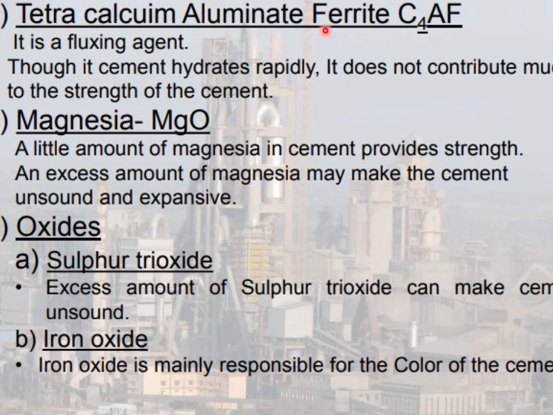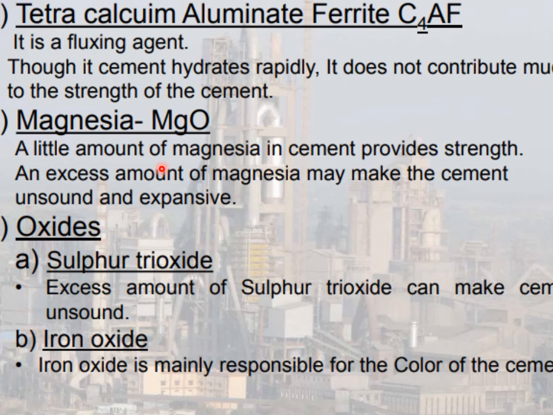Okay, so tetracalcium aluminoferrite, C4AF, basically acts as a fluxing agent, nothing but a flux. Okay, and magnesia, that is MgO, a little amount of magnesia in the cement provides strength, and of course in a very excess quantity it makes the cement unsound and expansive and hence leads to cracks.